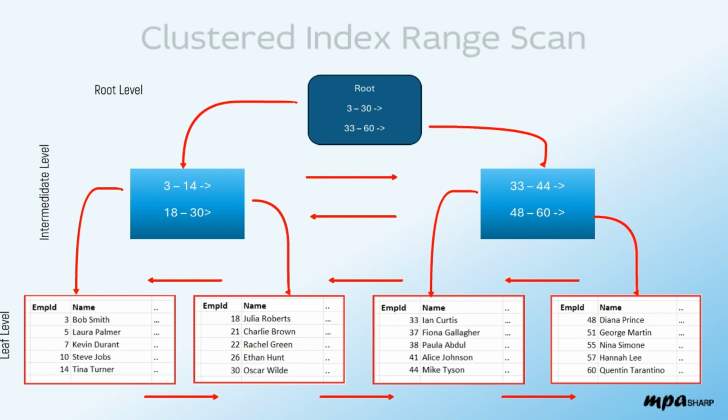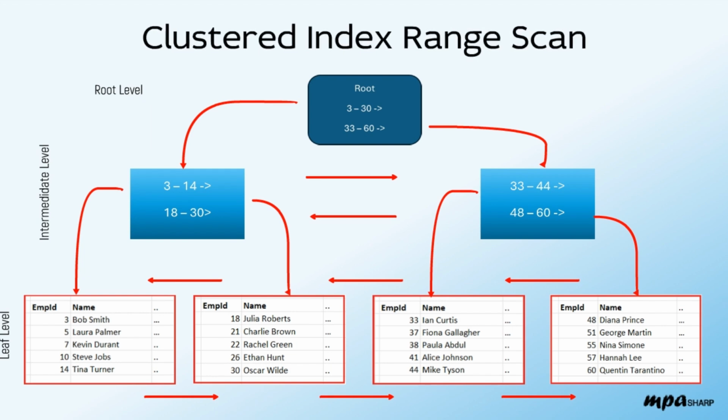But let's have a look at a different type of operation, like a range scan operation. Let's say you want to find records from employee IDs 20 to 40, a range of employee IDs. So our query will be like this, and then we again start from the root node.